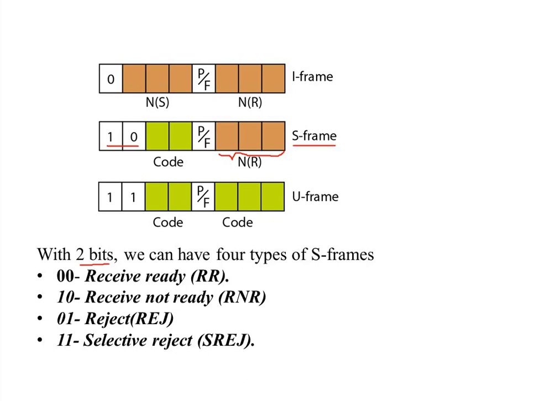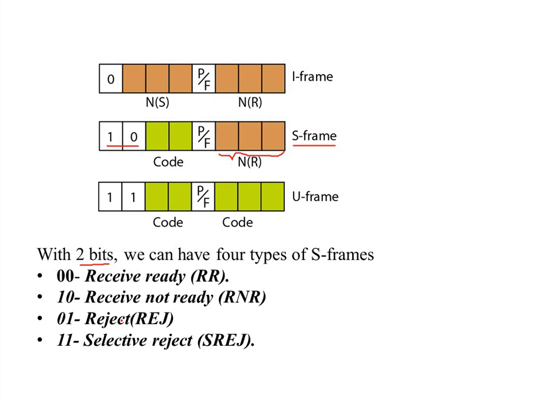When it is 10, the receiver is not ready, so it is as good as a not-acknowledgement type of system. We have already studied this kind of information in go back N type of system. So when it is 10, it is not ready.